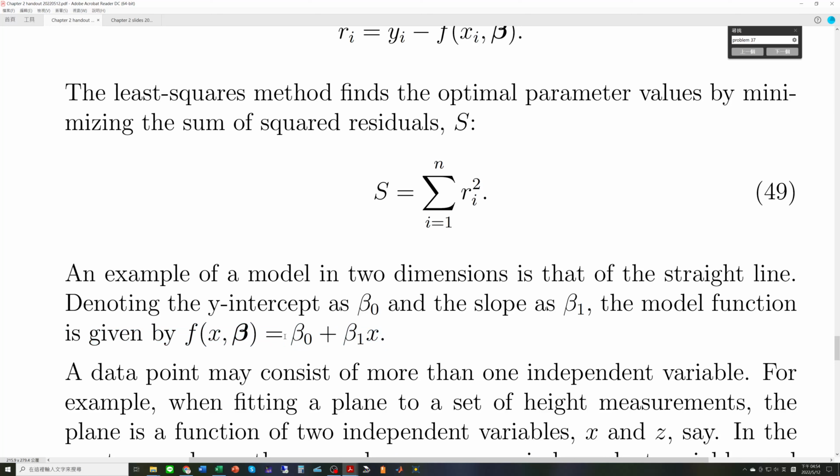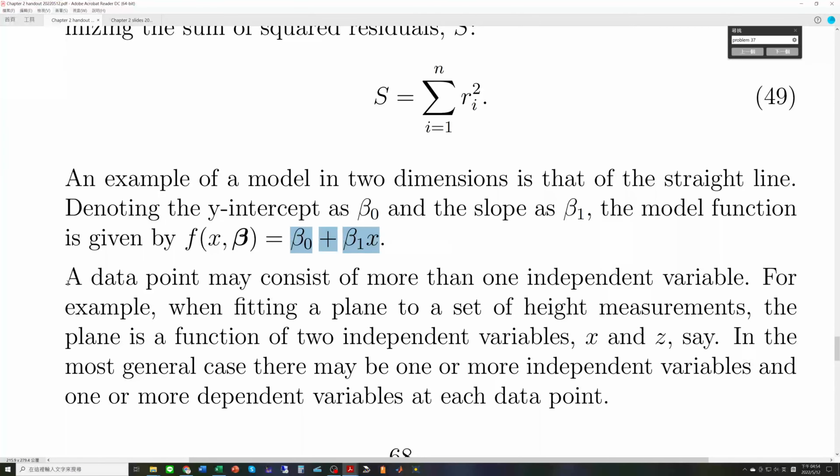I think you should already have learned the equation of a straight line in 2 dimensions when you were a junior high school student. So it is very easy for you.